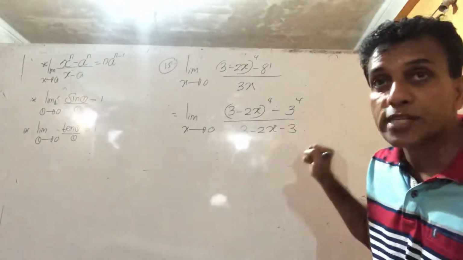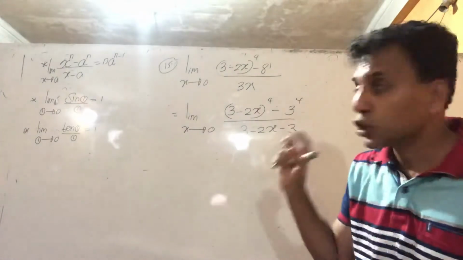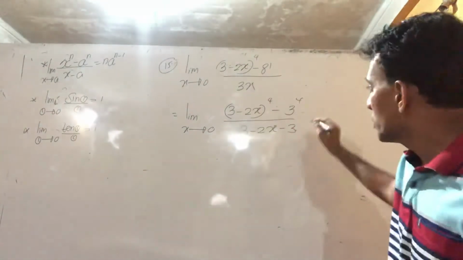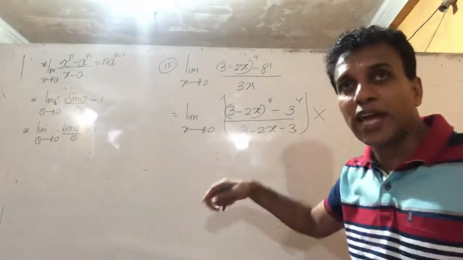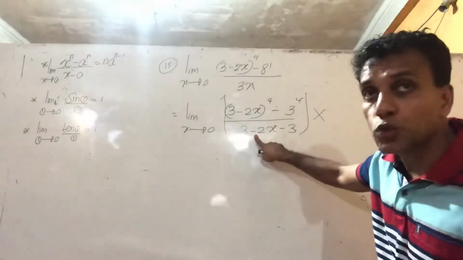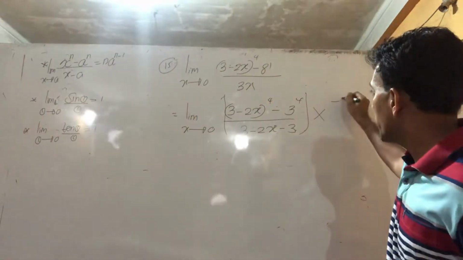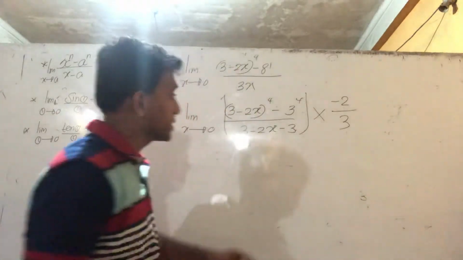Minus 2x remaining. X is okay, but the actual problem has 3x. Therefore, the additional term I want to remove by multiplying or dividing. How? The x is there, right? Minus 2 is not available, so I multiply minus 2 below with the 3. Now check the value.